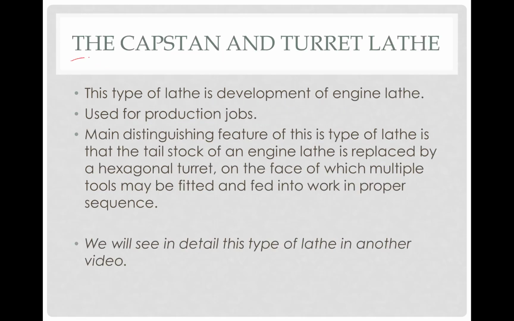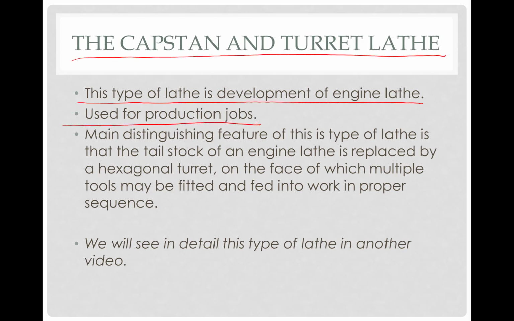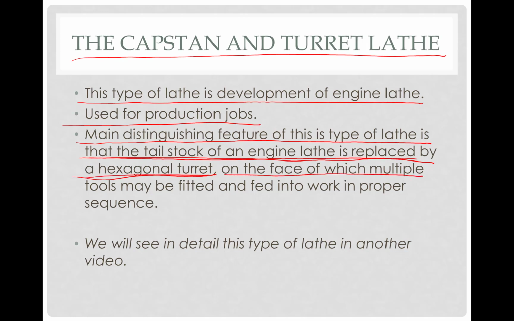The next is the capstan and turret lathe. This type of lathe is a development of engine lathe actually, and used for production jobs only. The main distinguishing feature of this type of lathe is that the tailstock of an engine lathe is replaced by a hexagonal turret, on the face of which multiple tools may be fitted and fed into the work in proper sequence.